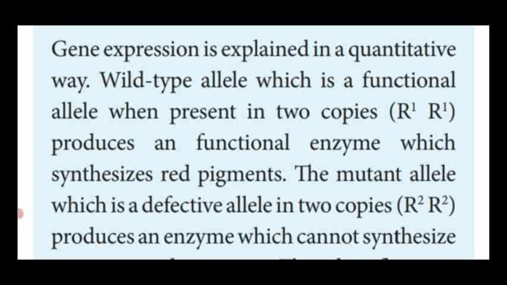Wild type means the Mirabilis jalapa that is cultivated in any area, which contains the allele. This allele is very functional. It occurs in pairs, R1R1, and has the capacity to produce the red color pigment. That is the first one. The wild type allele as the functional group is also present with R1 and R2, which has the capacity to produce the red color pigment.